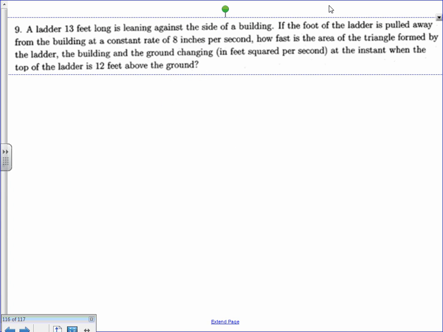A ladder 13 feet long is leaning against the side of a building. Here, I'll draw it over here. Here's my ladder, 13 feet long, leaning against the side of the building. The foot of the ladder is being pulled away from the building at a rate of 8 inches per second. Right away, some alarm bells should go off, because the ladder is 13 feet long. I'll draw my building in here.